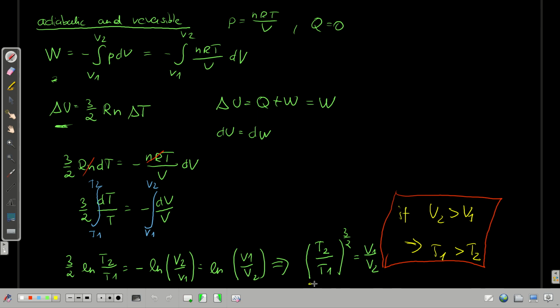Let's look at this expression. Let's say I can interpret here T2 and V2 as a variable, and then I could express the temperature by means of the volume variable and the initial volume.